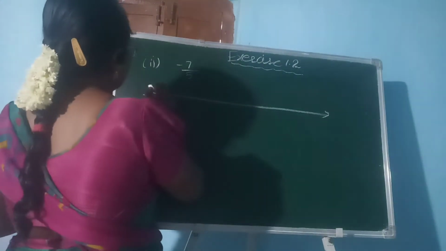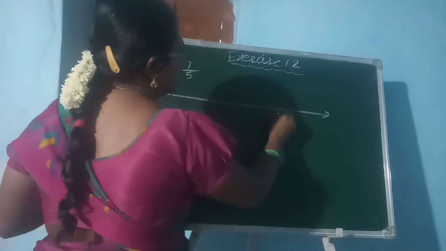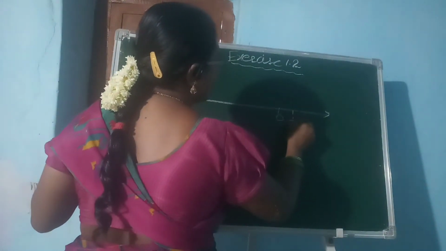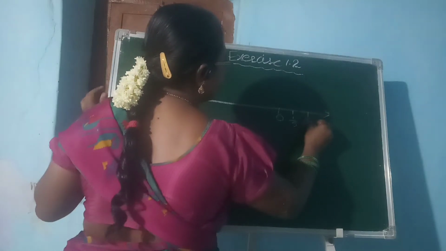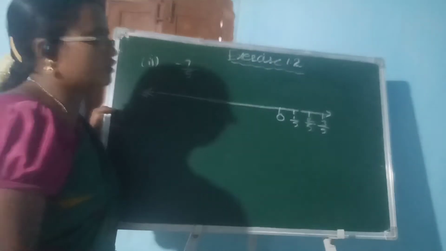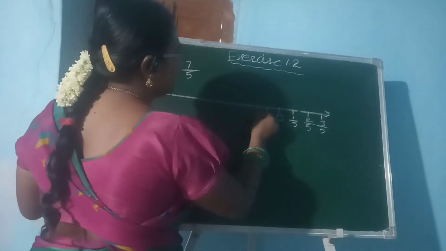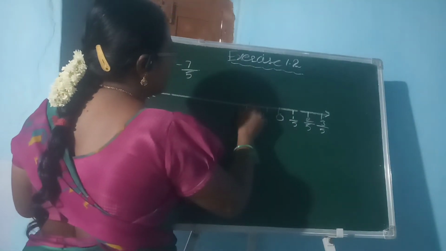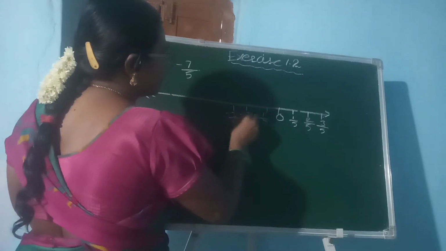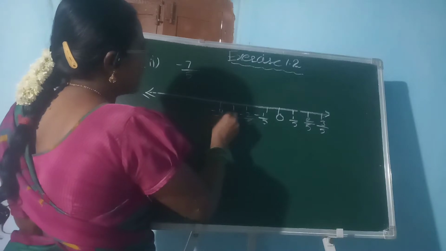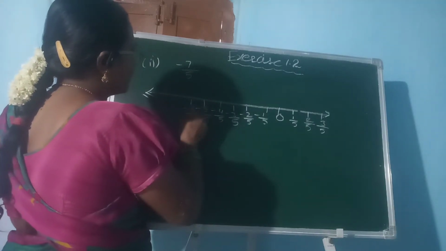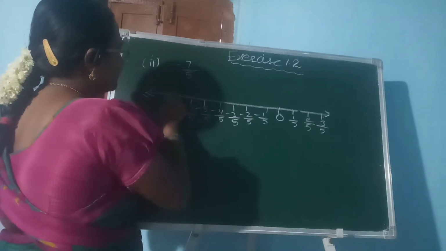So I am taking the 0 here. Then 1 by 5, 2 by 5, 3 by 5. I am taking like fractions. Similarly on the left hand side, minus 1 by 5, minus 2 by 5, minus 3 by 5, minus 4 by 5, minus 5 by 5, minus 6 by 5, minus 7 by 5, minus 8 by 5.